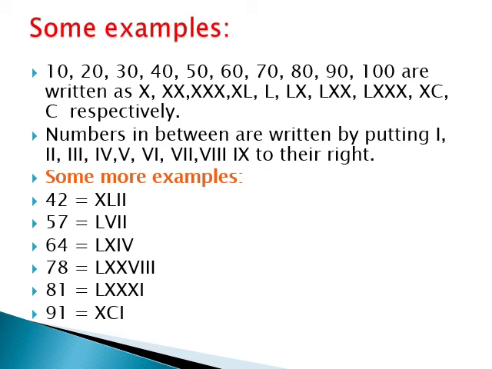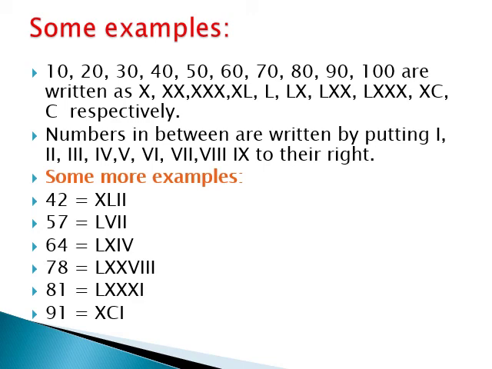Look at the next one. Numbers in between the Roman numerals are written by putting I or II or III or IV, V, VI, VII, VIII, IX to the right. Look at the examples. Now let us take the Hindu Arabic number 42.